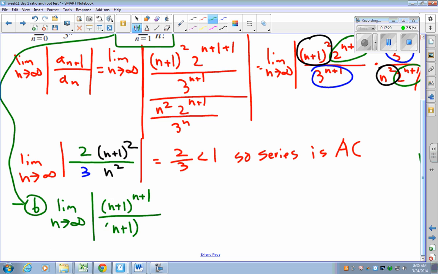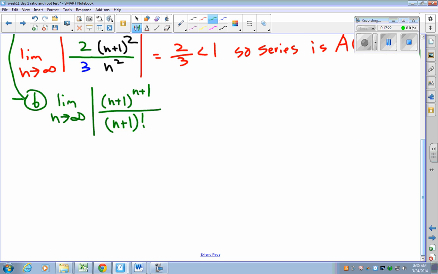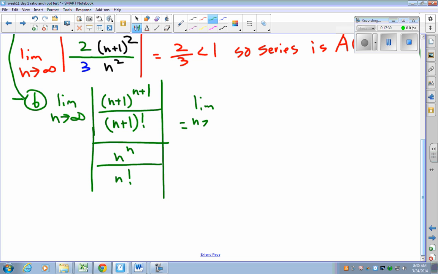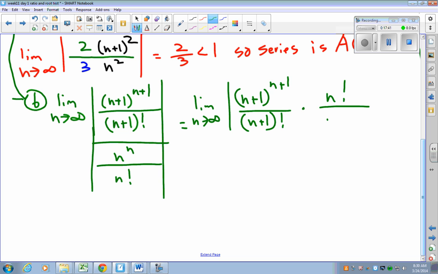So that's n plus 1 factorial. And again, for the notes, I'll just write it this way for a second. Now I am going to flip and multiply. Okay, so I flipped and multiplied.